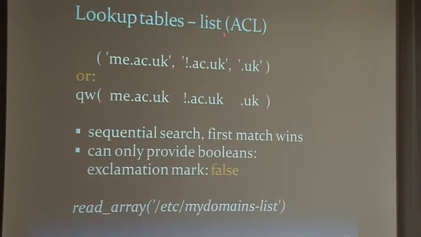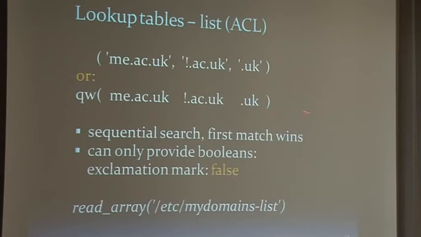This one is more plain. It's a simple list. Search goes, this again is an illustration of two ways of using the syntax. It runs through the list sequentially, the first match wins, and if it has an exclamation mark before it, it returns false. Otherwise, it returns true.